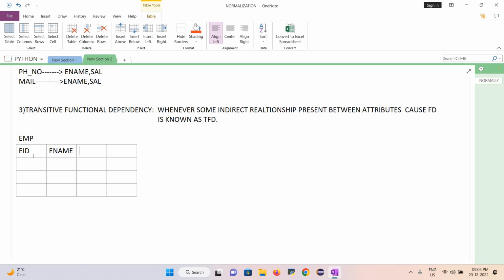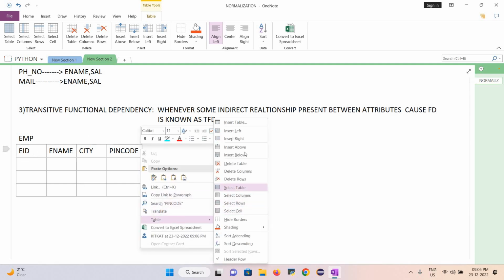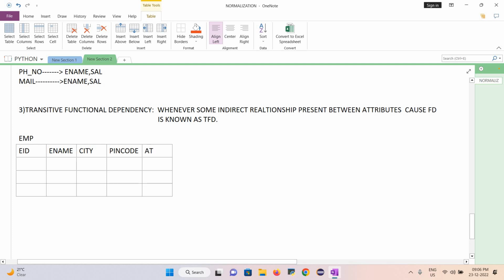The employee has a city and a pin code, and let me add one more, the state of this city pin code.